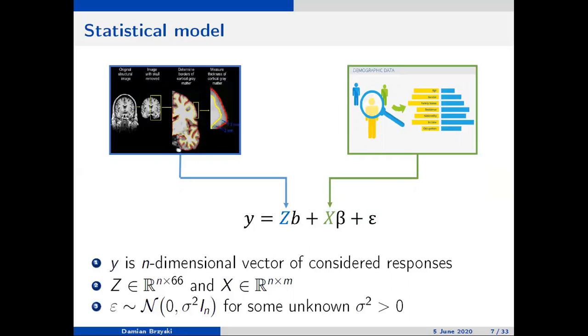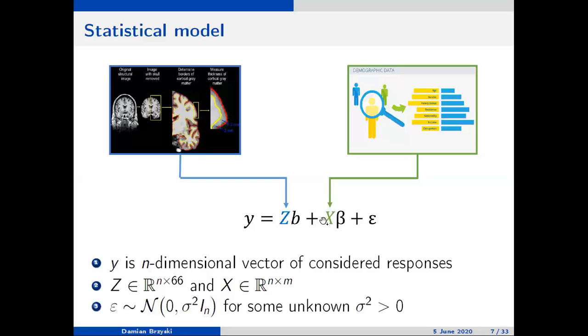And the vector b here is just the object of interest. We want to estimate a 66-dimensional vector, which tells us about the association between the thickness of each brain region and the response variable. Later, of course, we would like to select the most important brain regions, in the sense of brain regions which are response relevant, which will tell us how the structure of the brain changes while the disease is progressing.